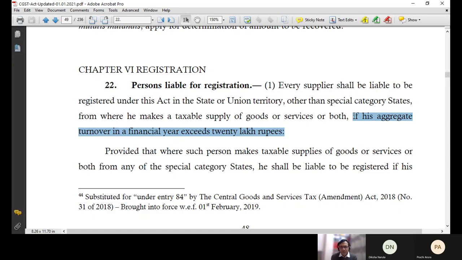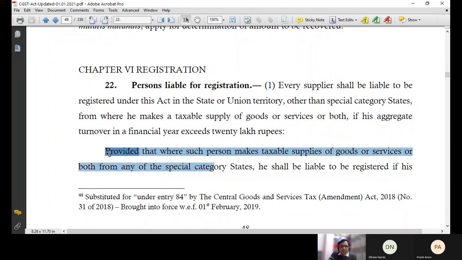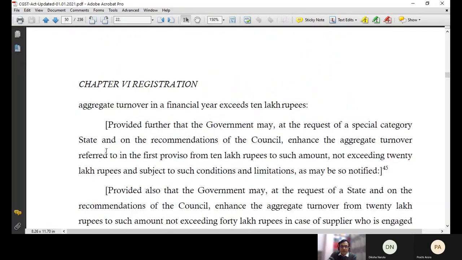And as far as special category states are concerned, it is written in the exception provided, where such person makes taxable supply of goods or services or both from any of the special category states. So in case of special category states, he shall be liable to be registered if his aggregate turnover in a financial year exceeds 10 lakh rupees.